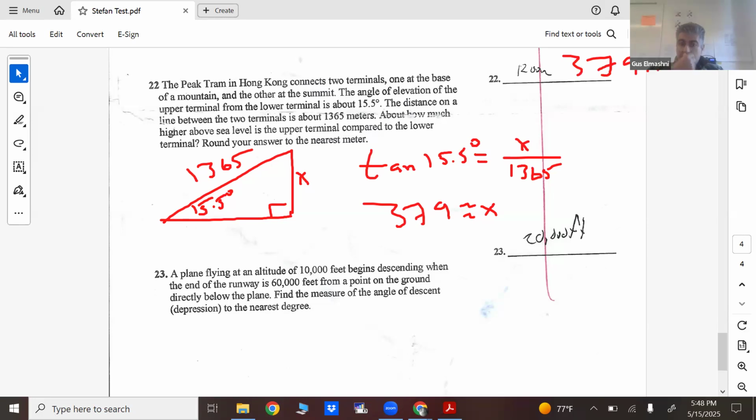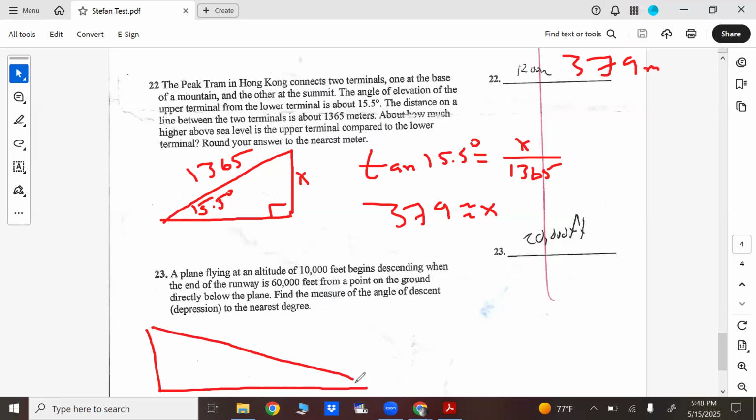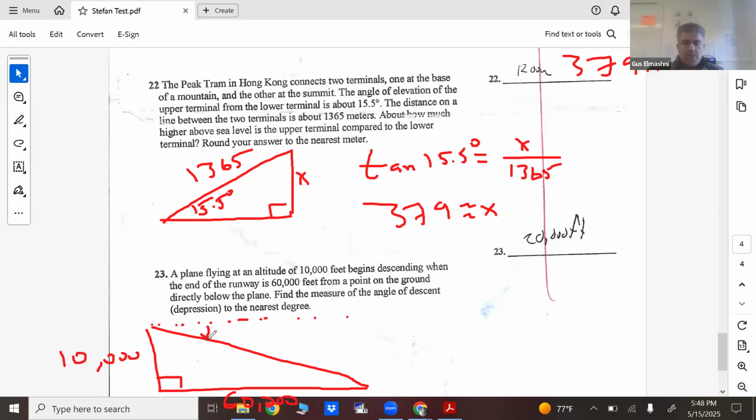And lastly, for 23, a plane flying at an altitude of 10,000 feet begins descending at the end of the runway, which is 6,000 feet from a point on the ground directly below the plane. Find the measure of the angle of descent. So it's going to look like this. That's the angle of descent.